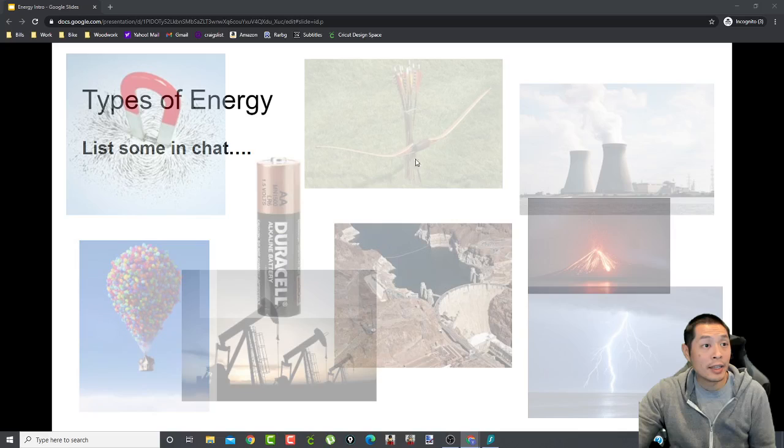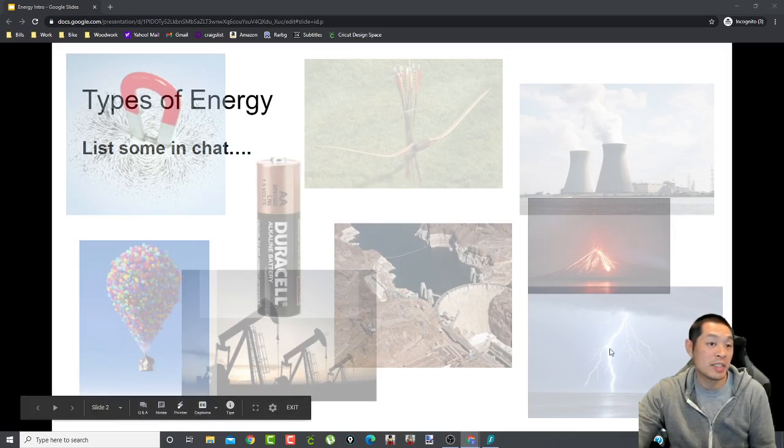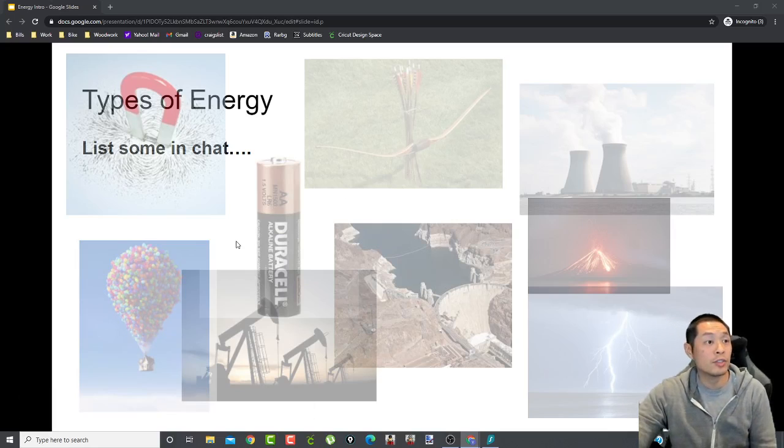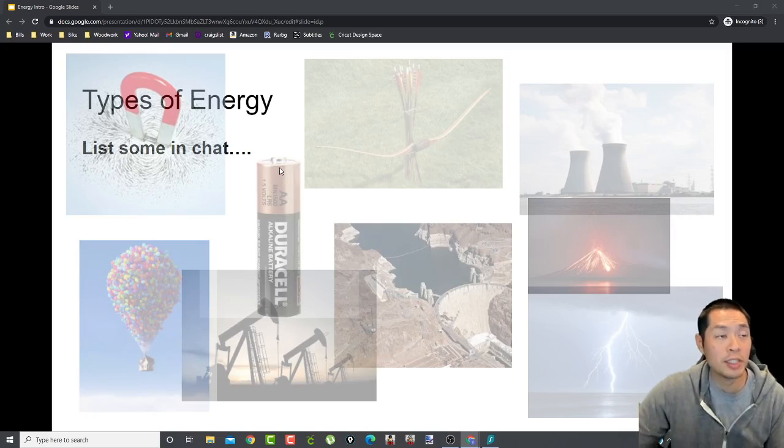So we have magnetic, we have potential, we have nuclear, geothermal, we have hydro, we have electricity here, which are both potentials. And then we have battery, which I don't think anybody said, but it is chemical. So initially it starts off as a chemical reaction, forces electrons in one direction, which then becomes electrical.